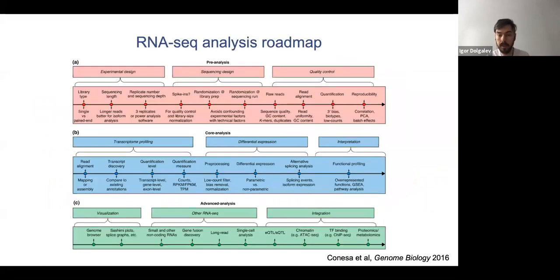As I showed last time with one of my slides, during the RNA-Seq analysis roadmap there are a lot of steps and a lot of things to consider. At each of those steps you can get tripped up on something and cause different problems.